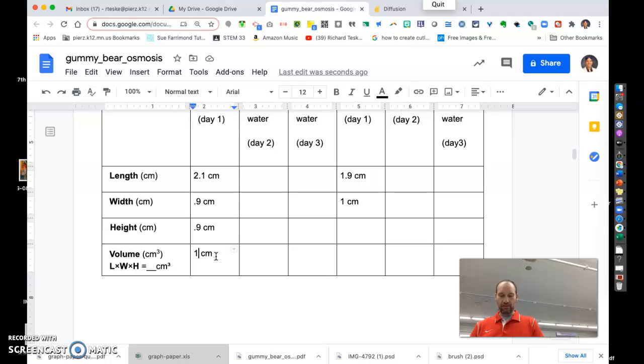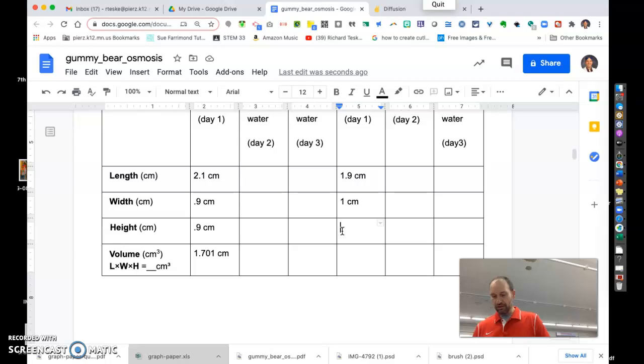Oops. 2.1 times 0.9 times 0.9. That makes more sense to me. There you go. And let me do the width of the green one, or the height, I'm sorry.